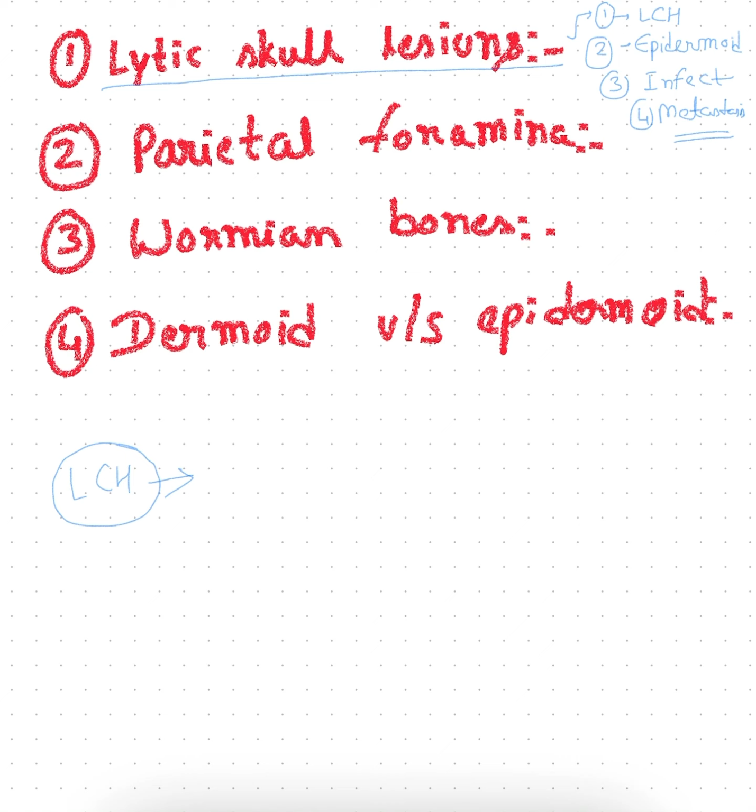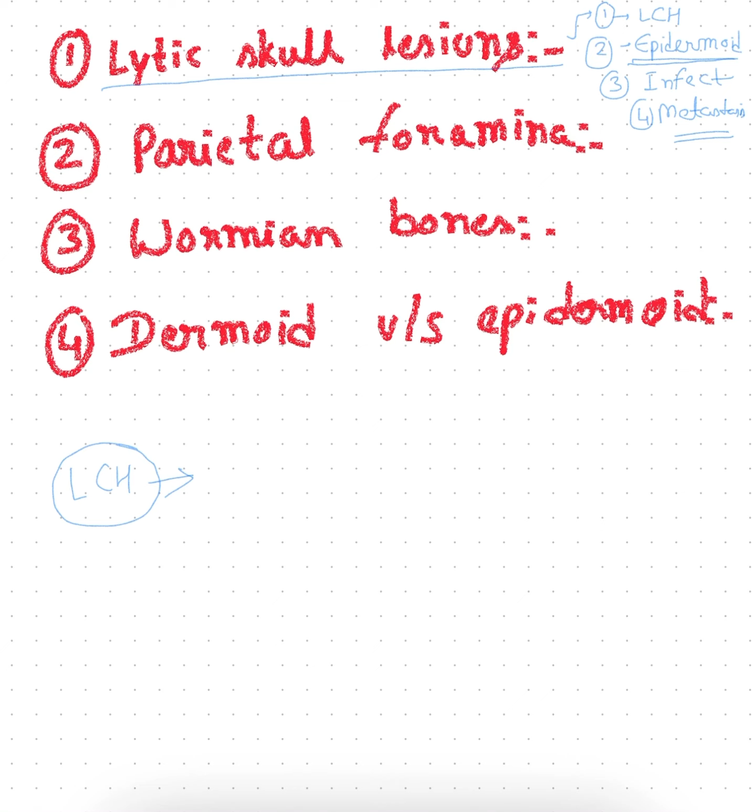The first point to remember is that there is no sclerosis surrounding the margin of the lesion, while in the epidermoid cyst the margins will have some sclerotic appearance. So this is the keyword used to differentiate Langerhans histiocytosis and epidermoid.